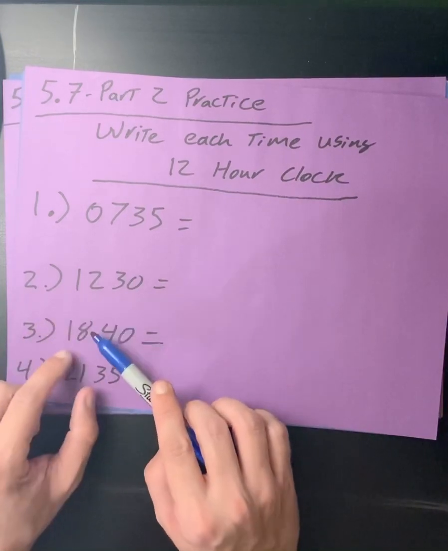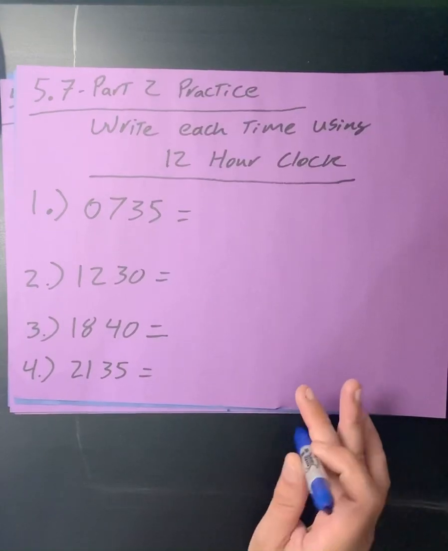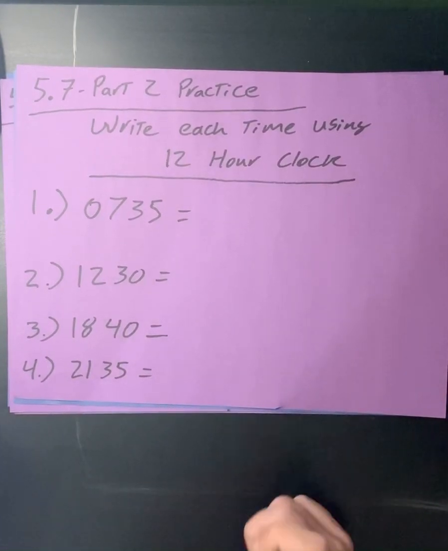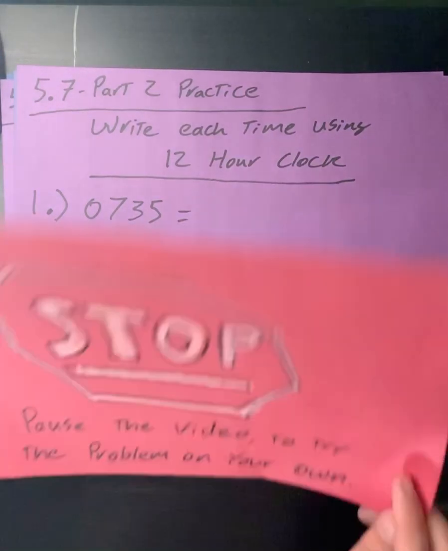If it is greater than 12, we subtract 12 from it to make it PM. So the four numbers you have: 0735, 1230, 1840, 2135. Give you a chance to pause the video to try your own at these.